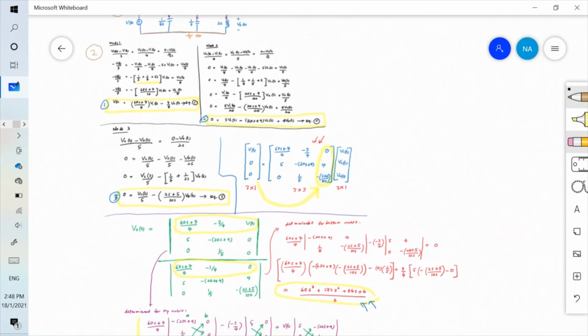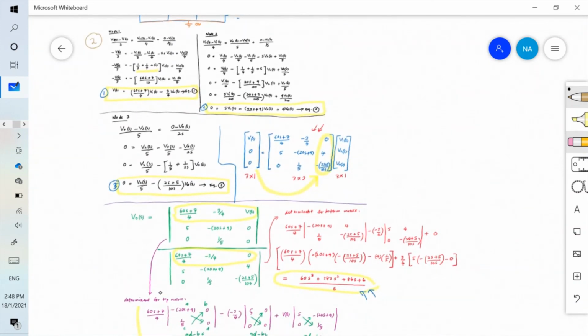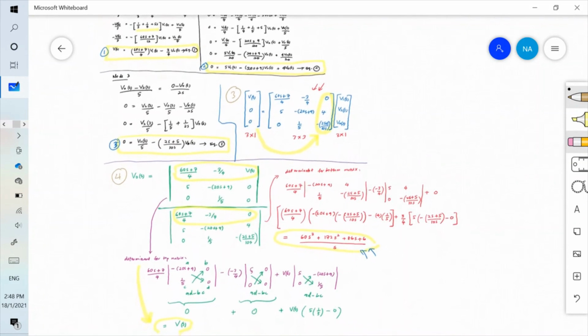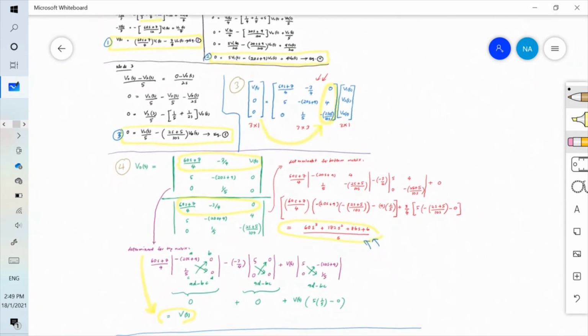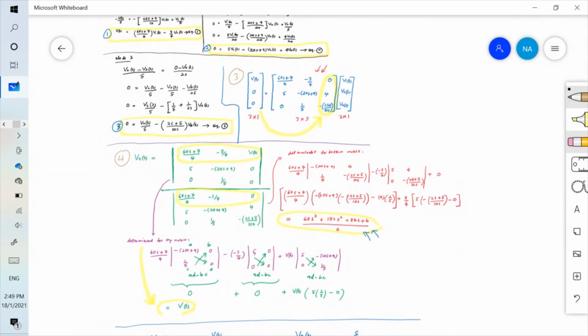Next step, you have to rewrite the 3 equations into matrix form. Fourth step, you need to use Cramer's rule to find V naught S. Using Cramer's rule means that you need to find the determinant of the 3 by 3 matrix.